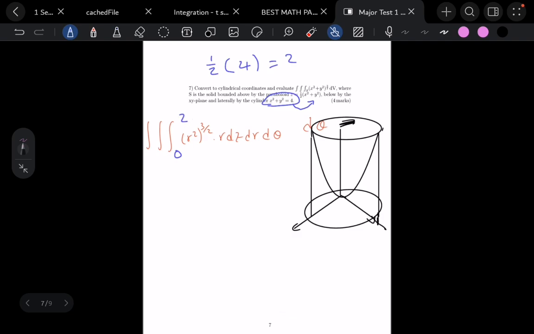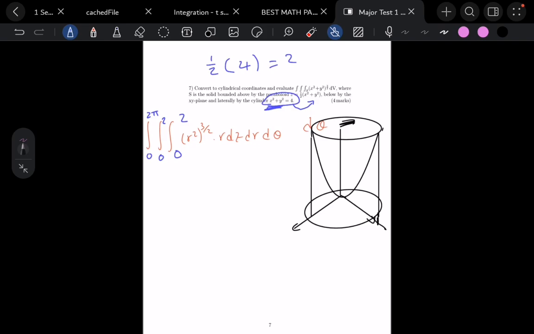And then your r will be bounded by that cylinder. This cylinder has a radius of 2, which means r is from 0 to 2. And theta is from 0 to 2 pi. You see, very easy.